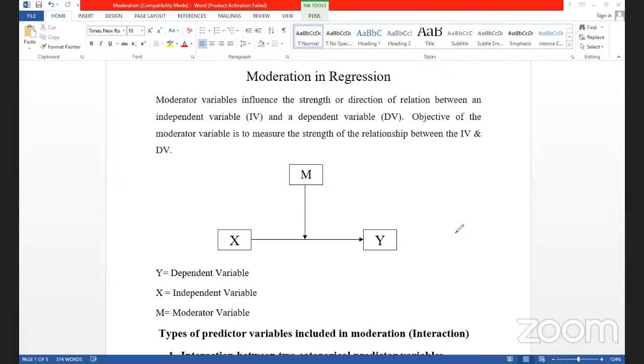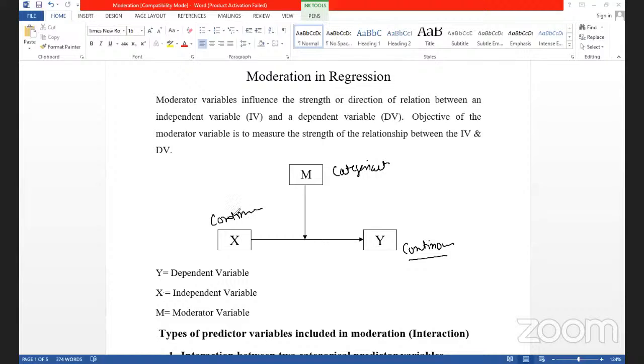The second condition: the dependent variable is continuous. I told you we will always take it as a continuous variable. And second, this is a categorical moderator, and this is continuous. That is the second condition.